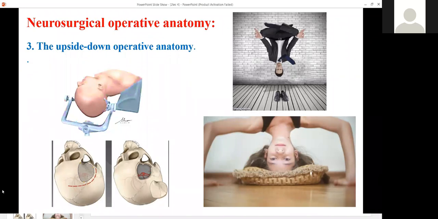The cause is not all surgical or cranial approaches, but some approaches that require putting the patient in a supine position, with the surgeon coming from the top of the patient. So the anatomy will be inverted, or upside down. We will give some examples, the importance of knowing this, and how to include it within your study.